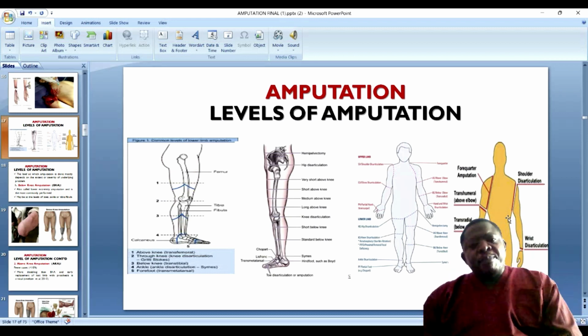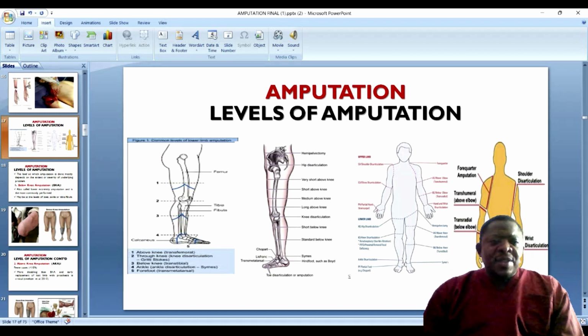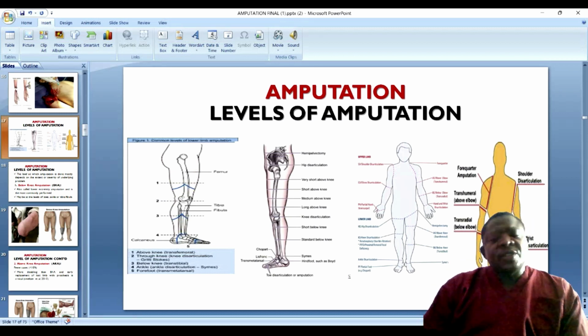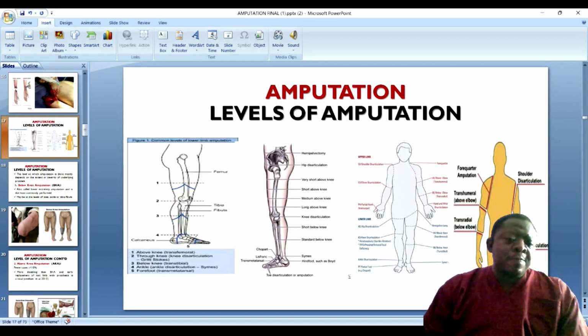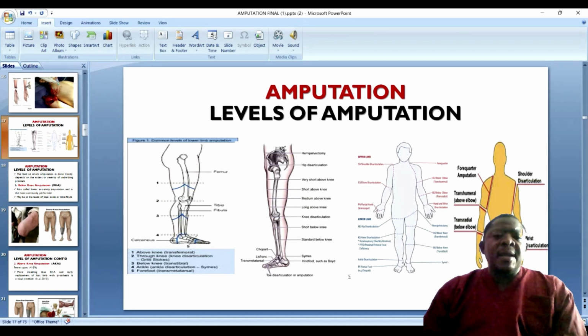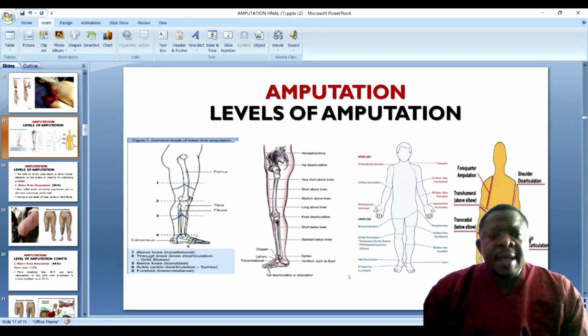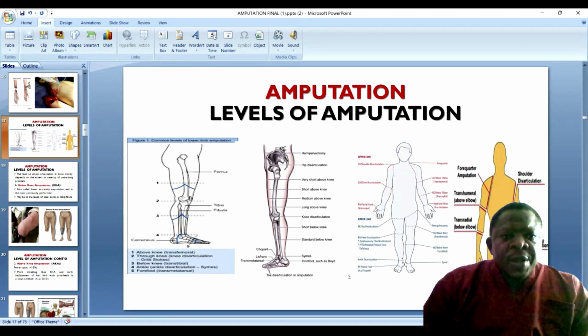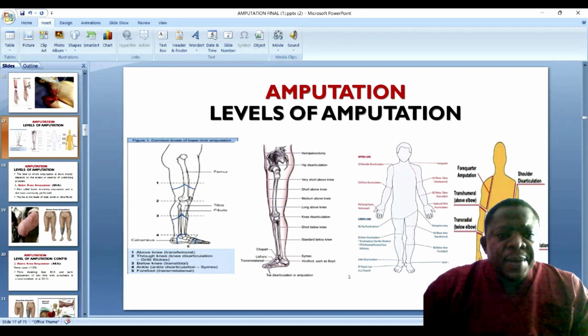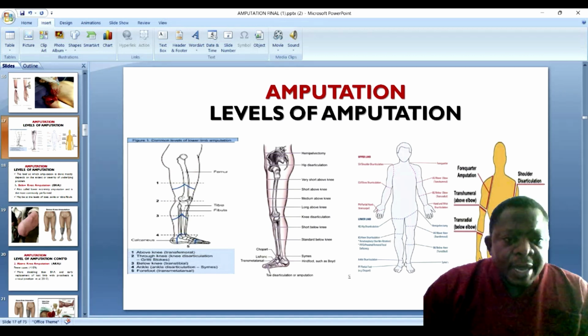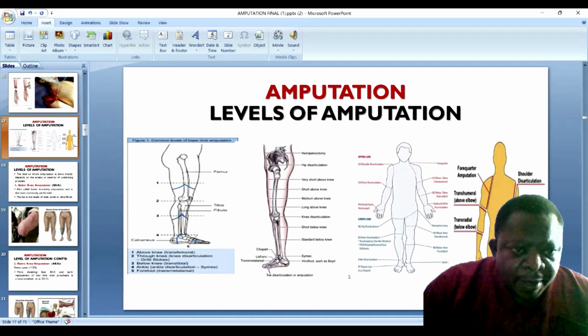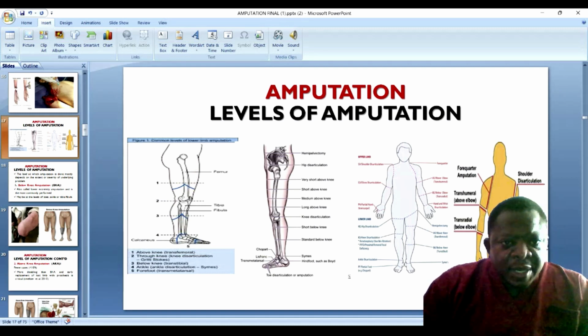If it is below the knee, the lower part of the leg, it will pass through the tibia and the fibula. So it's transfibular amputation. It may also pass through the ankle where there is a joint, so it will be ankle disarticulation.